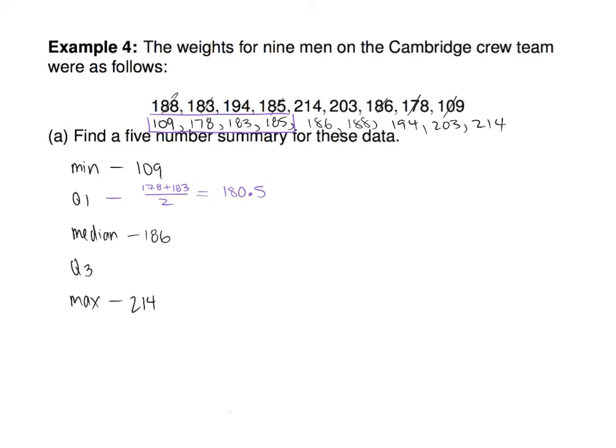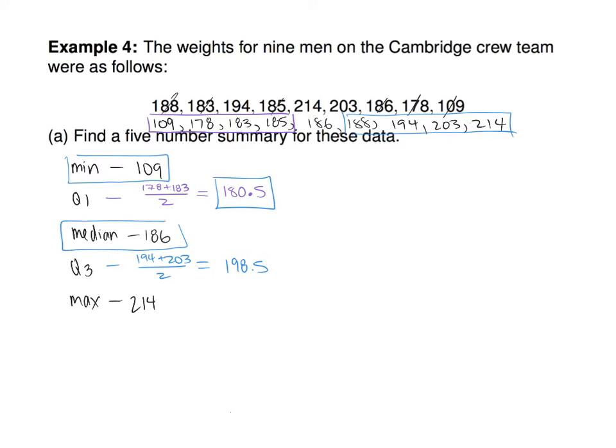And then to find quartile 3, we look at the median of the upper part of the data. Once again, there are 2 middles, so it'll be the average of them: 194 plus 203 over 2. That gives us 198.5. So those 5 numbers constitute our 5-number summary.